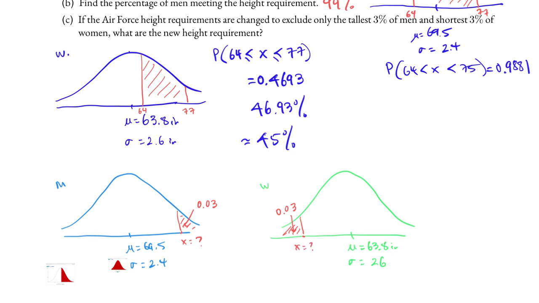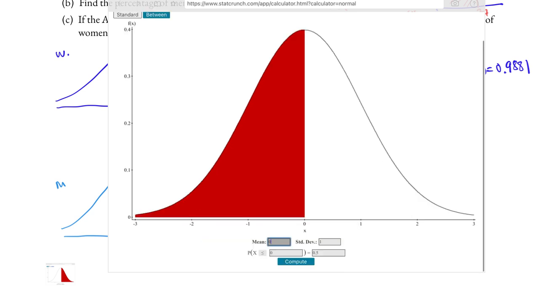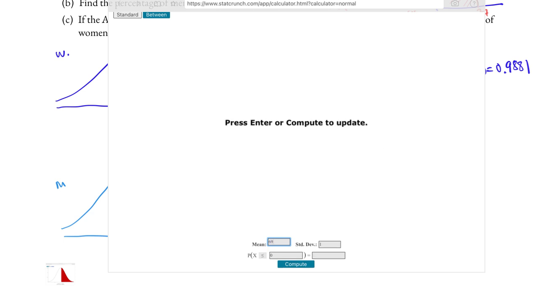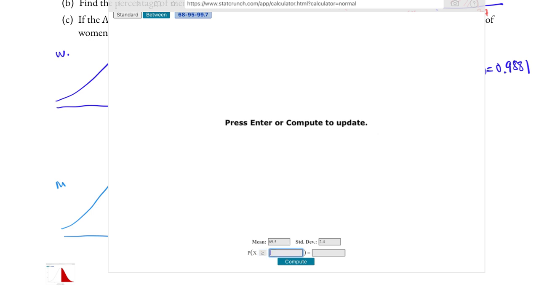With each of the x values, we would use a different mean and a different standard deviation. Using the standard normal calculator, we would choose the feature standard on the upper left corner because there is only one x value that we're looking for. The mean is 69.5, the standard deviation is 2.4. Since we're given the area on the right hand side, or the tallest, we would choose the inequality greater than or equals, but then we would need to leave the box inside the parentheses empty, so clear it out if there's anything in there.